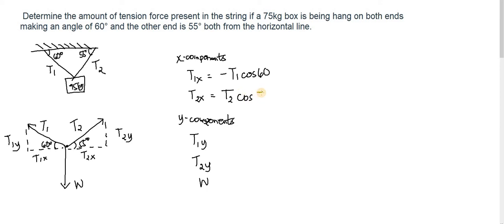For T1 sub Y, you have T1 sine of 60, positive because it's towards north. For T2 sub Y, we have T2 sine of 55. And the weight is directed downwards, so it will be negative m times g.